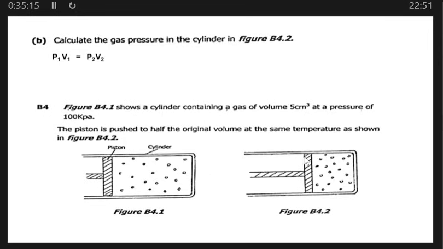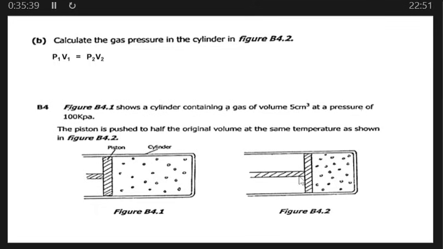In diagram B4.2, we are told the piston is pushed to half the original volume at the same temperature as shown in the figure. This means that if the piston has been pushed to half, the volume remaining, if it were 5, is now 2.5 cubic centimeters.